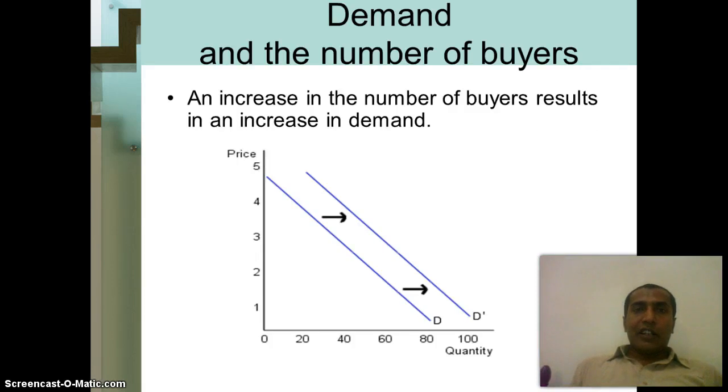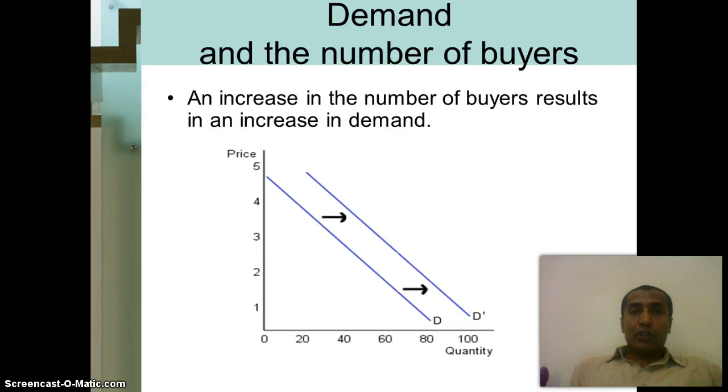If right now there are 1200 students in the college and they have lunch in the cafeteria, and the number of students doubles, they become maybe 2500 students, will demand for food in the cafeteria go up or go down?